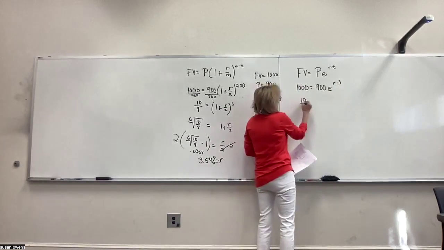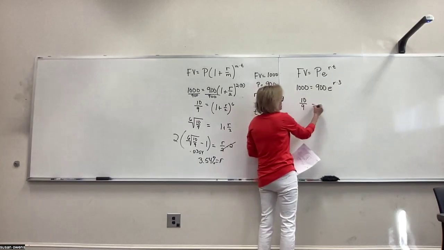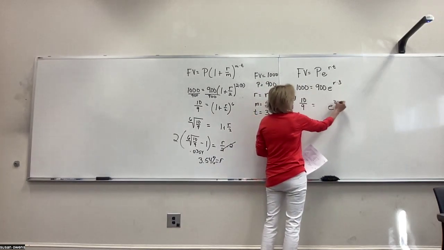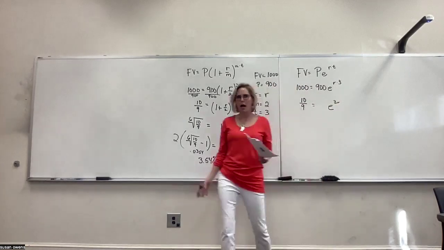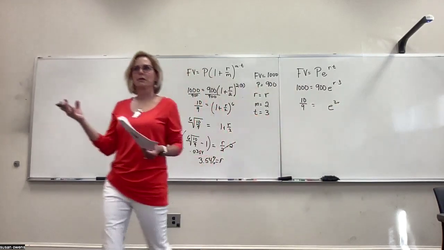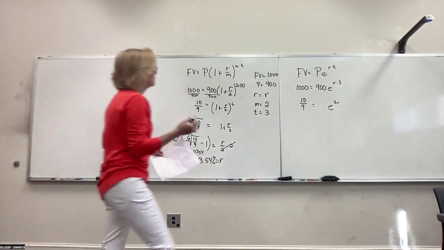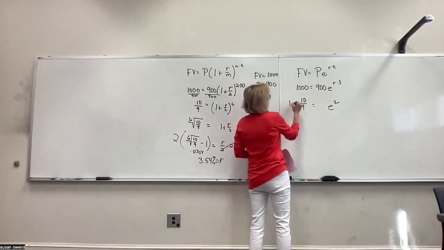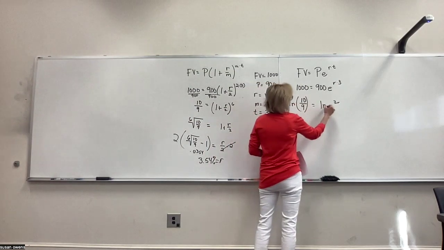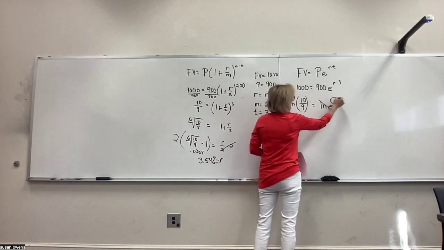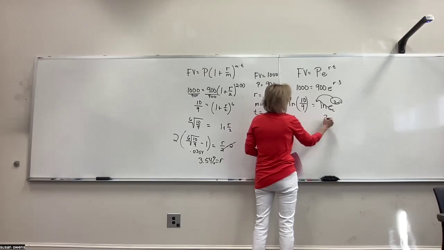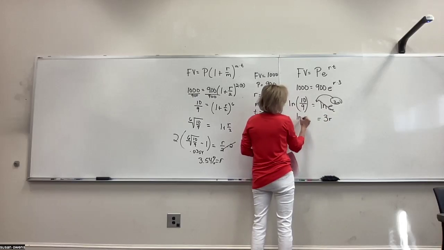So I've got 10/9, because I divided by the 900, is equal to E to the 3R. Now my variable is in the exponent. So what do I need to use? The natural log. ln E is 1. 3R gets to come down. So 3R is equal to ln of 10 divided by 9.